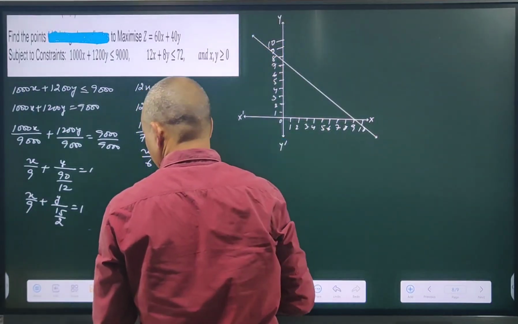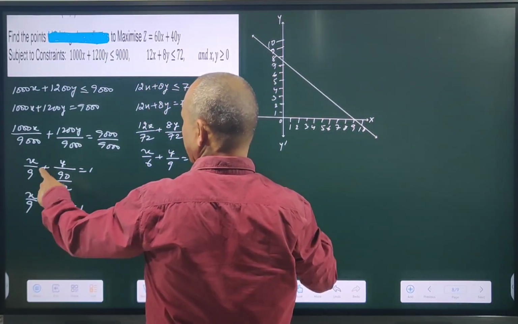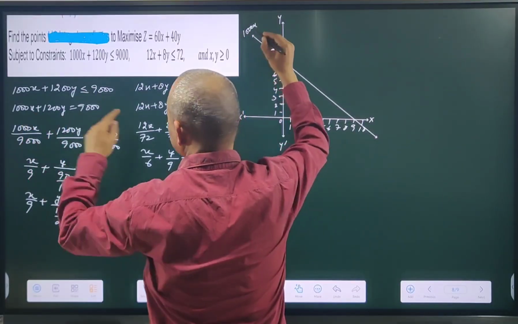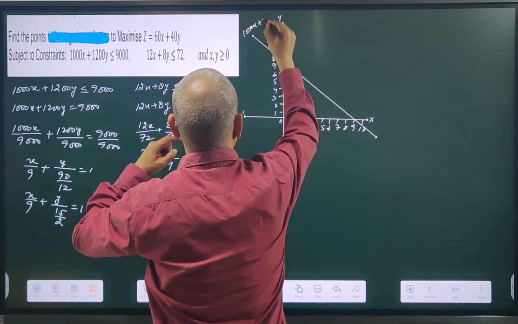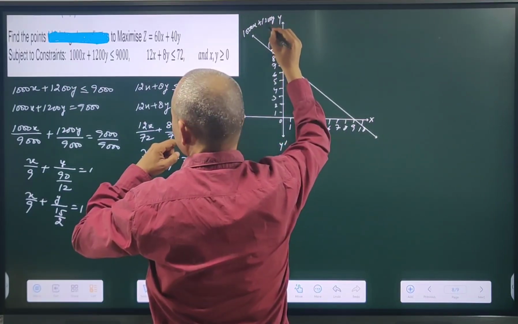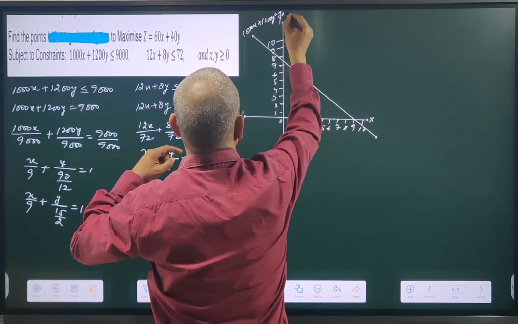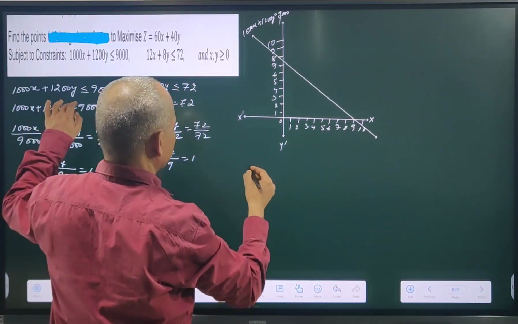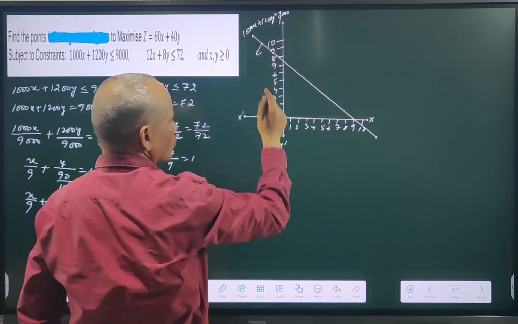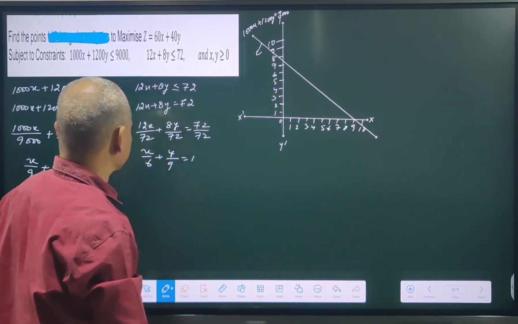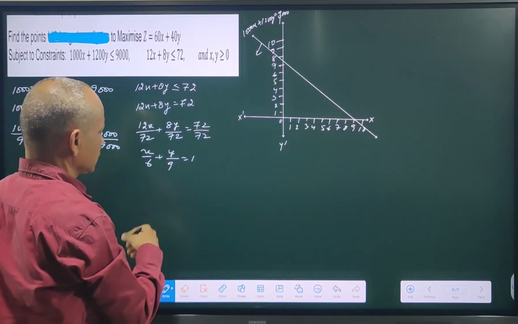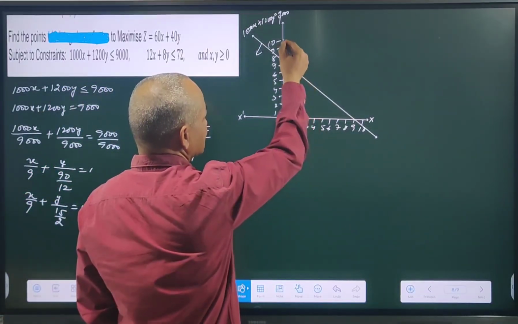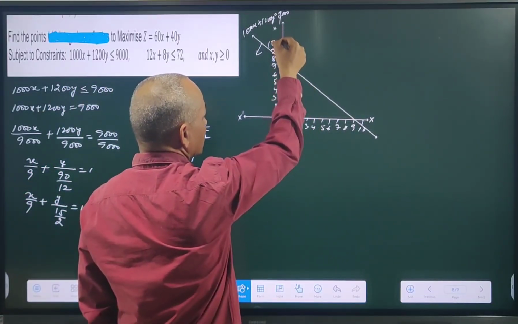Okay. Write the corresponding equation: 1000x plus 1200y is equal to 9000. Put 0, 0. Satisfies? Yes. So the region towards the origin is to be shaded. Next, x by 6 plus y by 9.